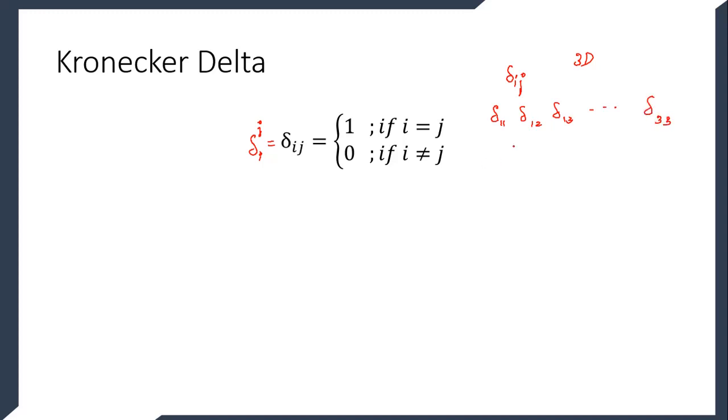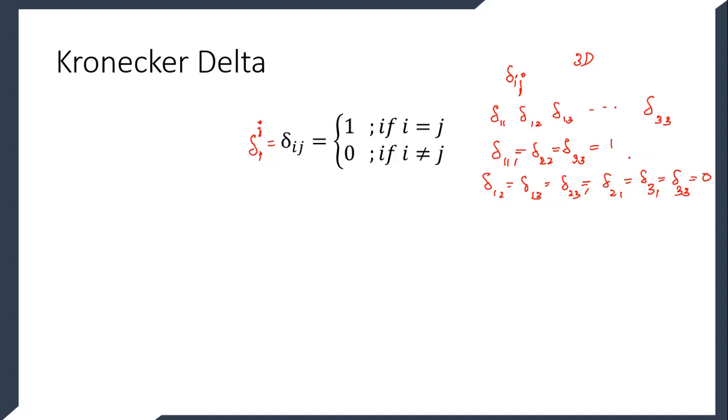So in these 9 different terms, only delta 11, delta 22 and delta 33 will give you an answer 1, whereas all other terms, delta 12, delta 13, delta 23, delta 21, delta 31 and delta 32, will give an answer 0.